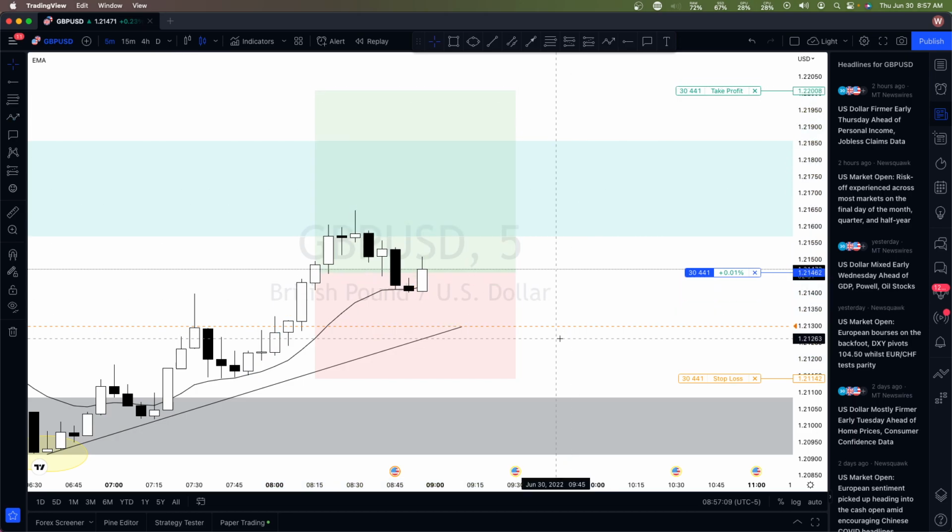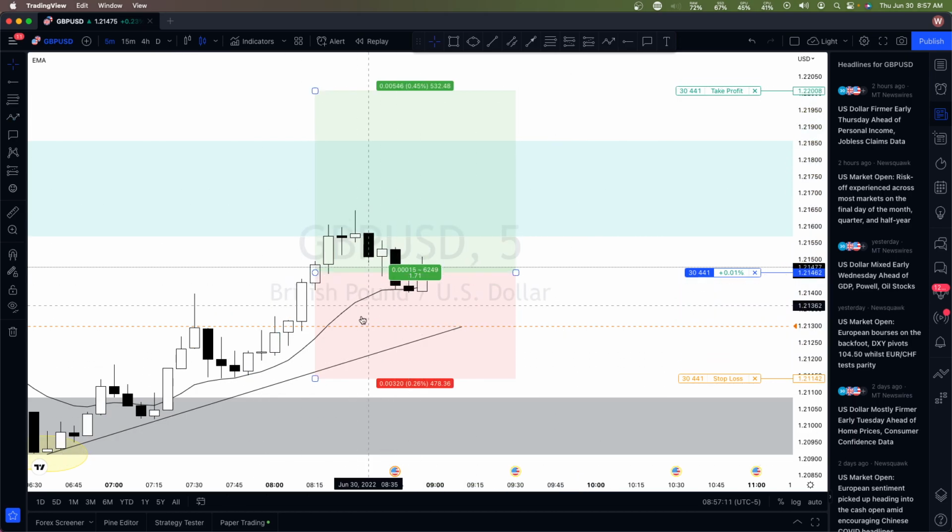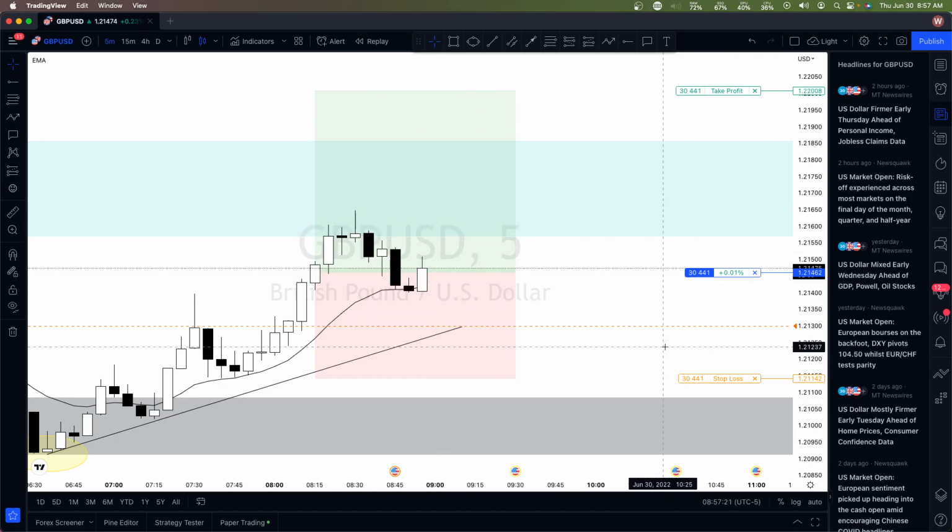Higher highs, higher lows. Right now I want this to be a higher low than that and to keep going up. But we're in the zone. So wait and see. Wait it out.